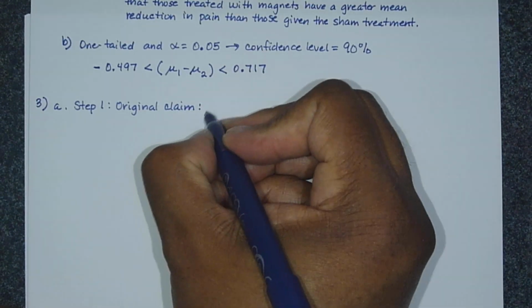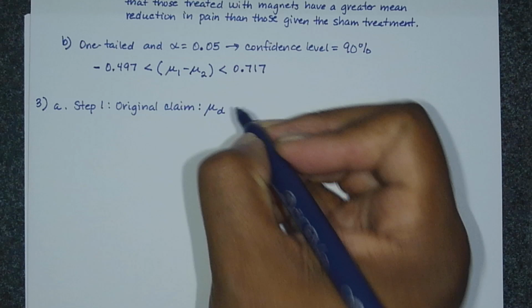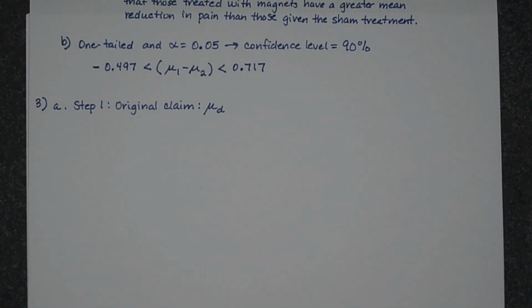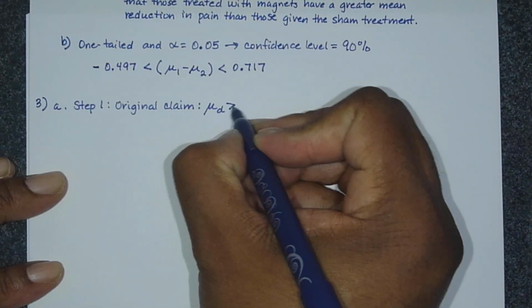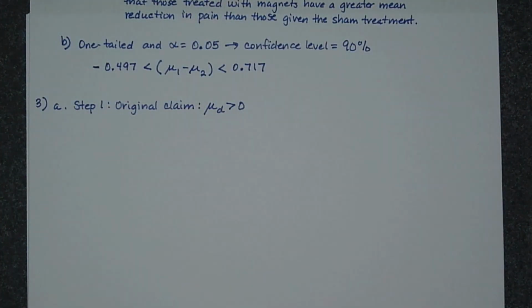Now here we're going to have to use mu sub d, because that's the mean of your differences here. Because if you read the problem, it does say that the differences have a mean greater than 0. Well, that inequality would just be greater than 0. That's our claim.